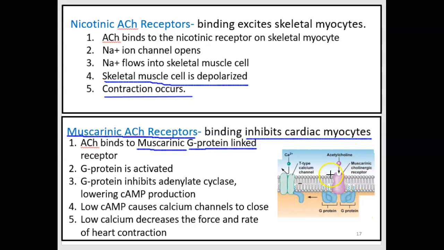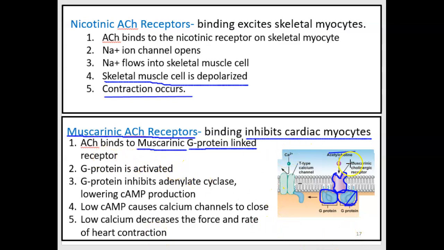So it's shown in purple in the diagram. This is the receptor. Acetylcholine is the little round purple ball. And notice that there's a G protein or two attached, or at least close to the receptor.